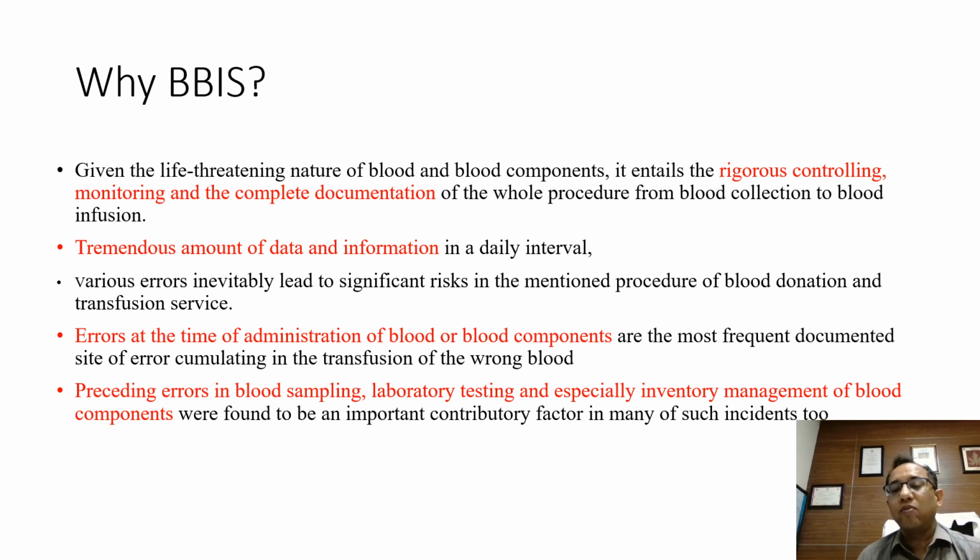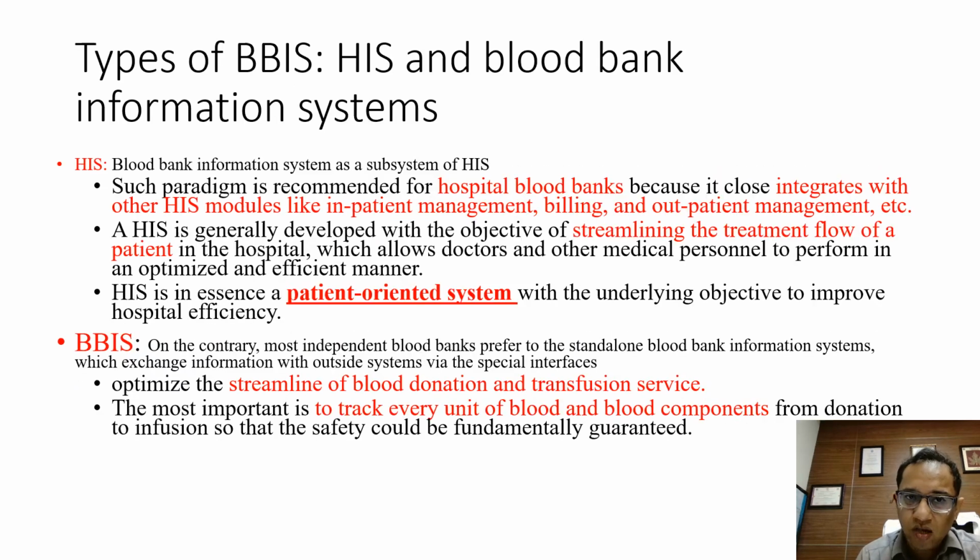Errors at the time of administration of blood or blood components are the most frequently documented site of errors. Preceding errors in blood sampling, laboratory testing, and inventory management can also be a factor in many of such incidents too. So therefore, we need a blood bank information system, which is very important.